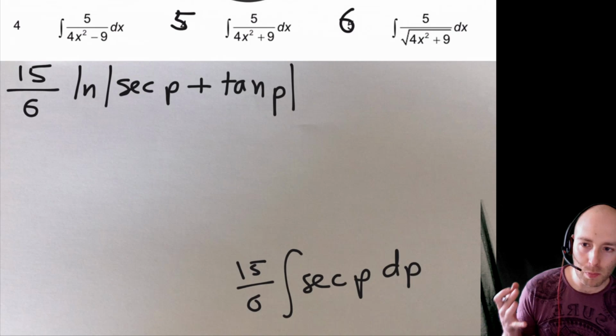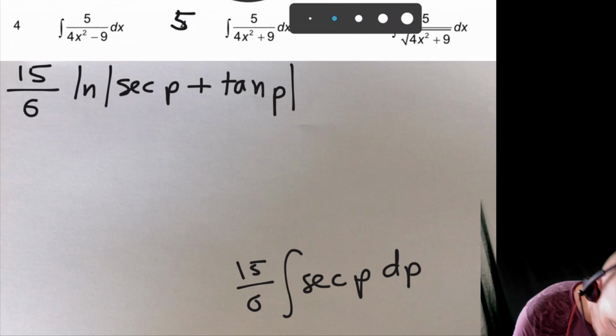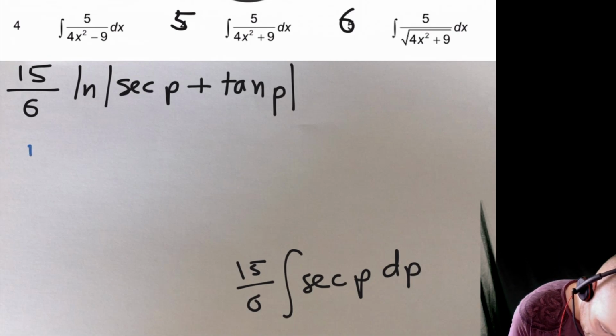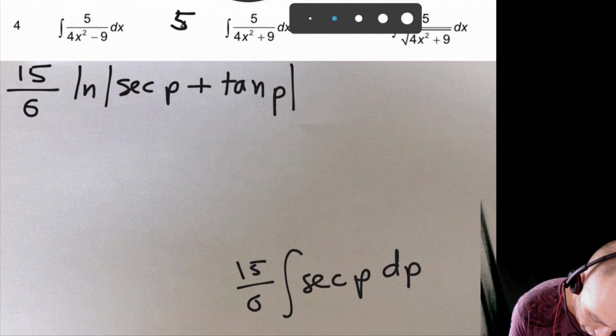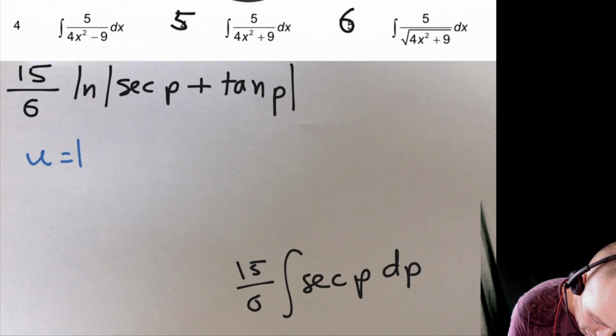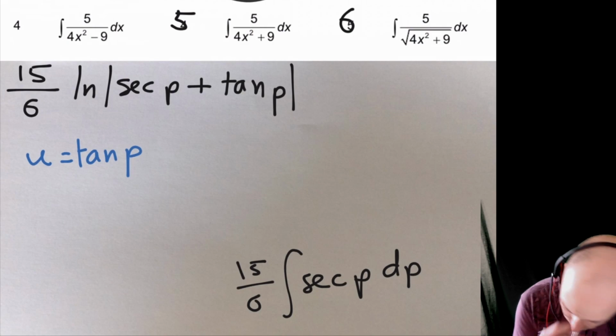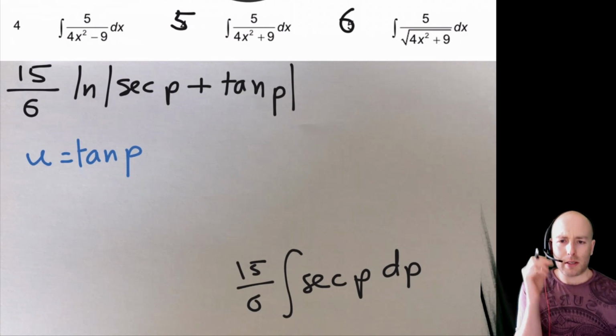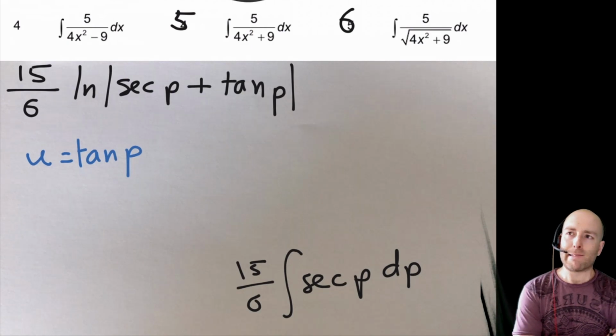So we're almost done, but we need to put it all back together. So remember p. What do you say? u equals tan p. I've lost where I was going now. Was u tan p? Have I done something silly there? I said u is tan p.